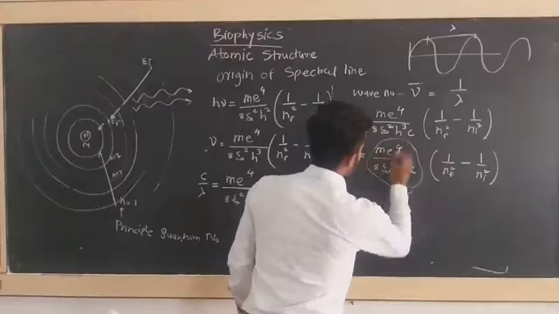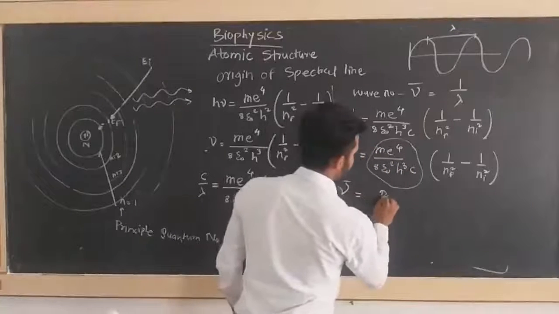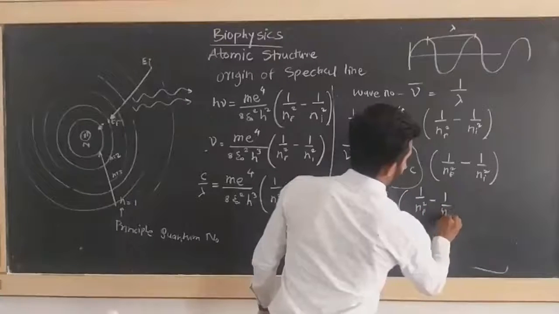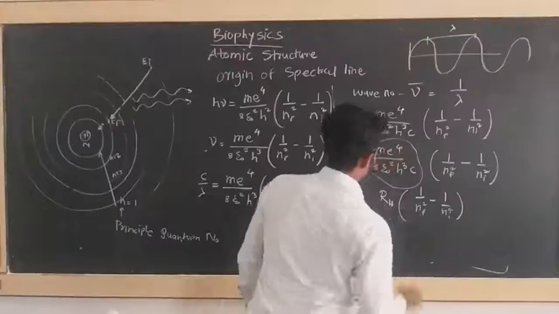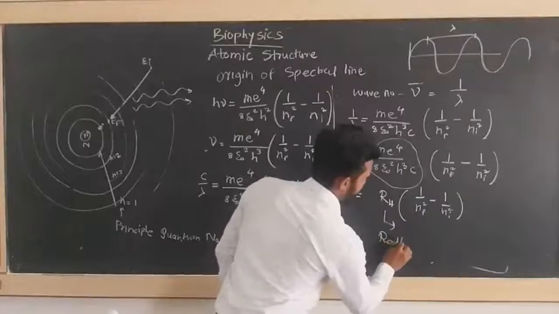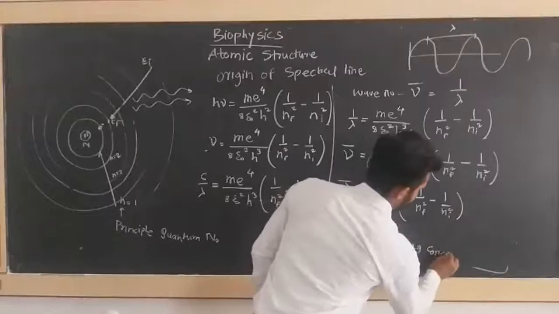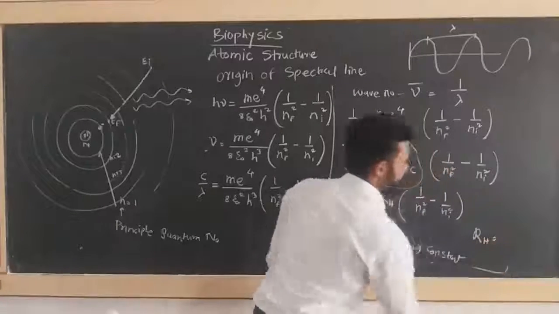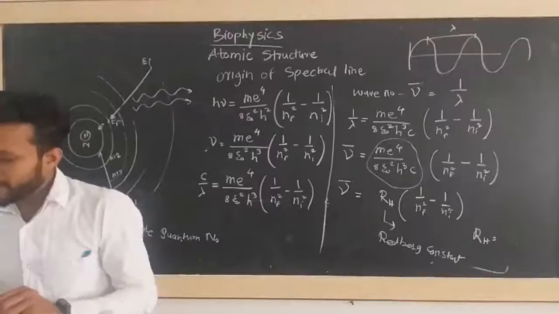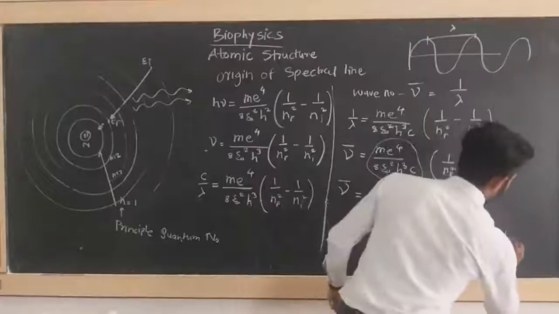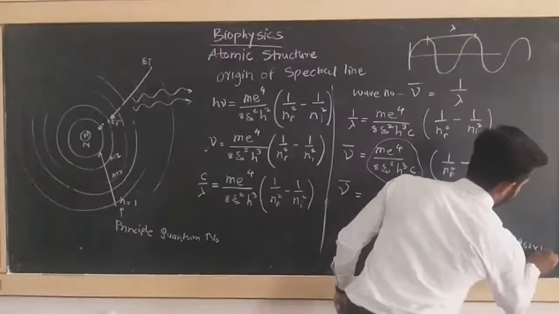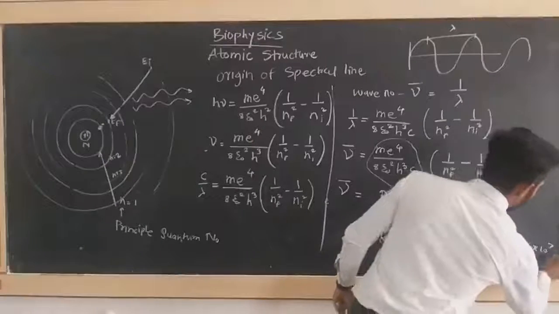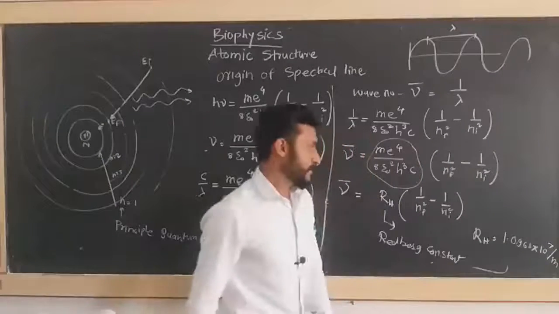So this constant is known as Rydberg constant, RH, 1 upon nf square minus 1 upon ni square. This is called as Rydberg constant, where RH is calculated, and which is equal to 1.0968 into 10 raised to 7 per meter, right?